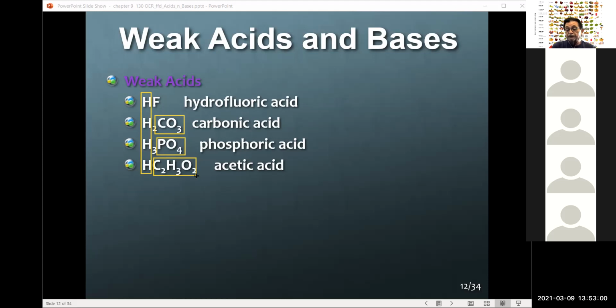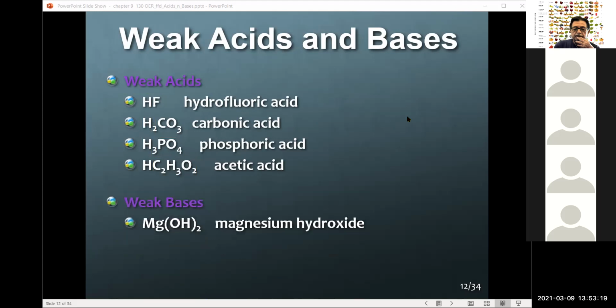There's a lot of acetate in the sodium acetate and potassium acetate found in a lot of foods, as a preservative, for taste, and so forth. And then the weak base, obviously, magnesium hydroxide.